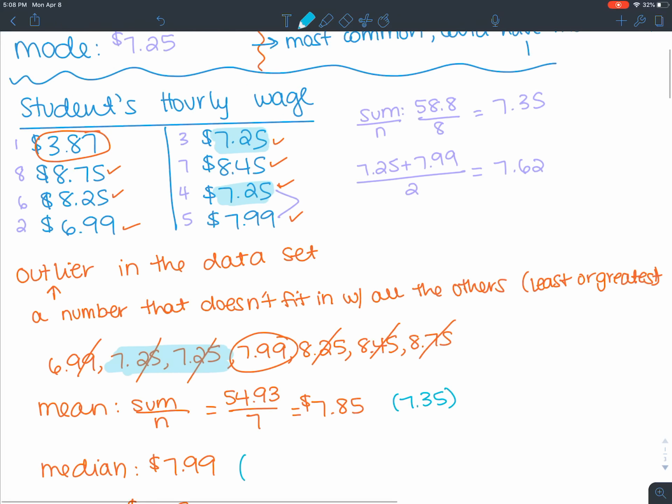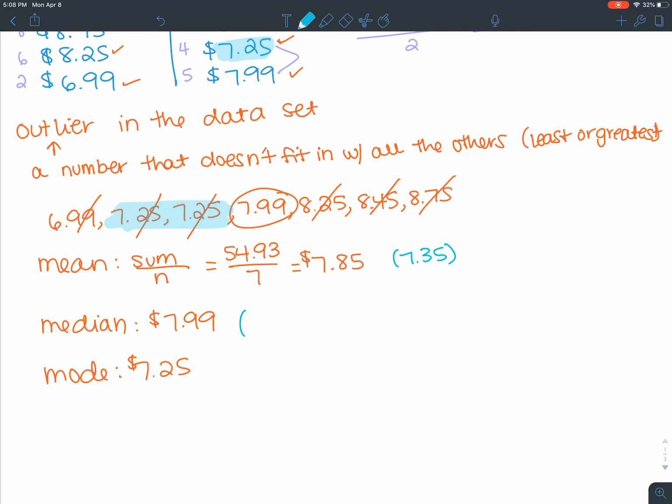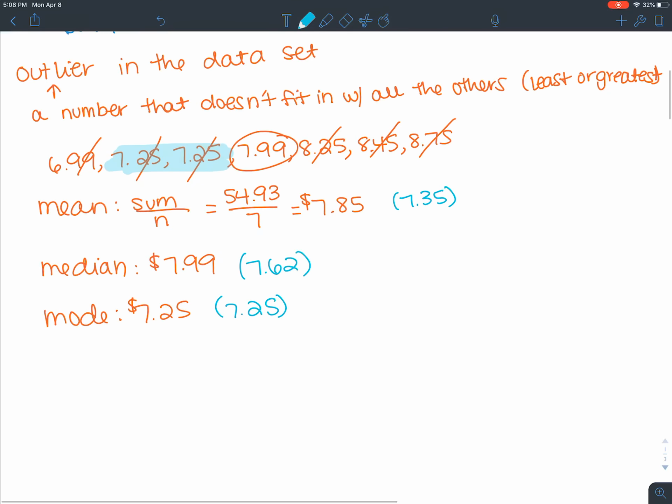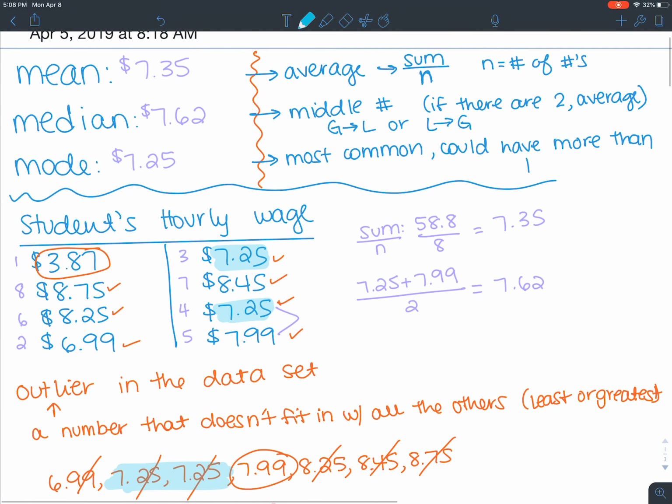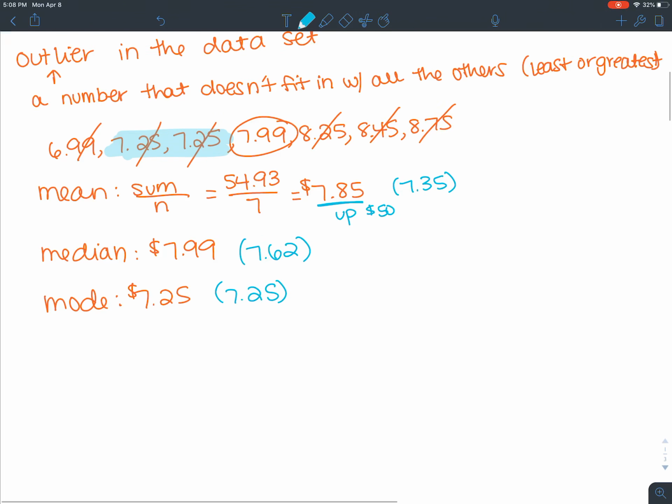But my median was $7.62, and my mean was $7.35. So without the outlier, my mean went up by 50 cents. And without the outlier, my median went up by 37 cents. Sorry, that's supposed to be a cent sign.